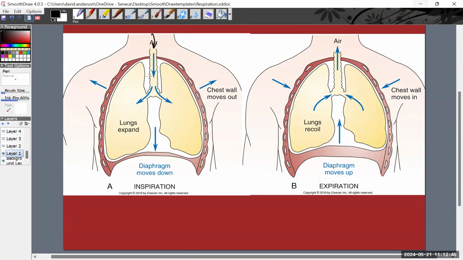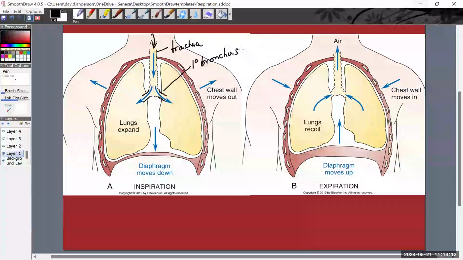As we go deeper down, we're going to divide into a right and a left primary bronchus. So this was called our trachea, and the first division is a right and left primary bronchus. Bronchi is plural; a single one is a bronchus.